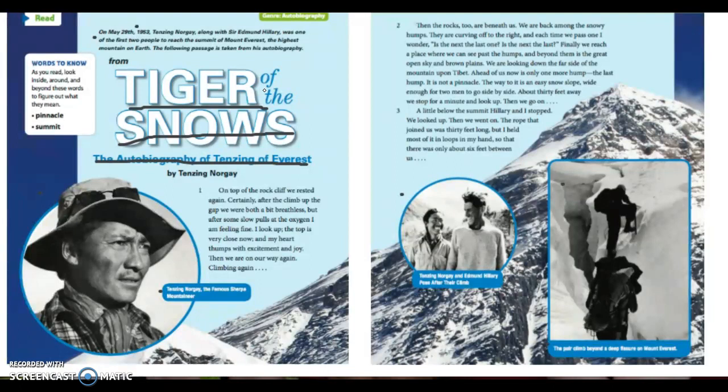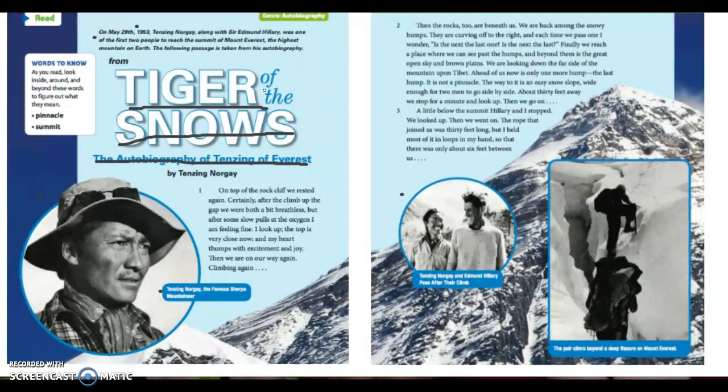Paragraph 2. Then the rocks, too, are beneath us. We are back among the snowy humps. They are curving off to the right, and each time we pass one, I wonder, is the next the last one? Finally, we reach a place where we can see past the humps.